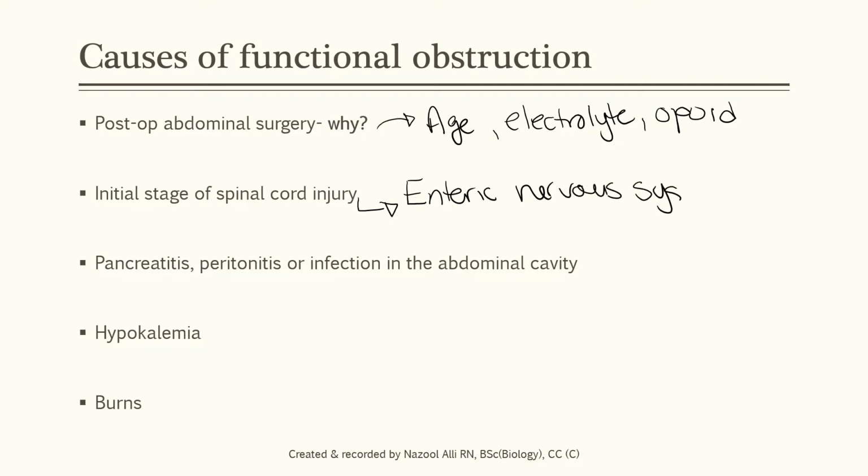And so what it does is it receives the signal, and that's how it's communicated to cause the release of gastrointestinal juices, etc. So in that initial stage of your spinal cord injury, that message from the enteric nervous system becomes lost, and therefore what we are going to see is a halt in peristalsis, that sequential squeezing movement to move things along.